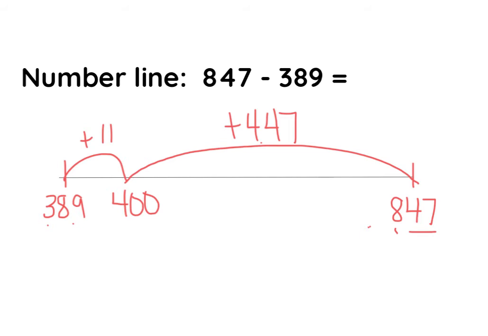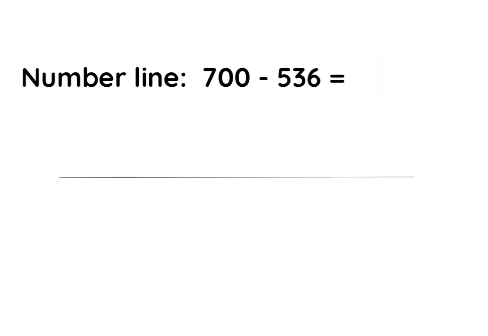447 plus 11 equals 458. Great job. You are doing so fabulous. Remember at the beginning of the year, you were afraid of these big numbers, and now you're like, wow, these are pretty easy. So make sure you're pausing and working all these out, and then coming back to check.